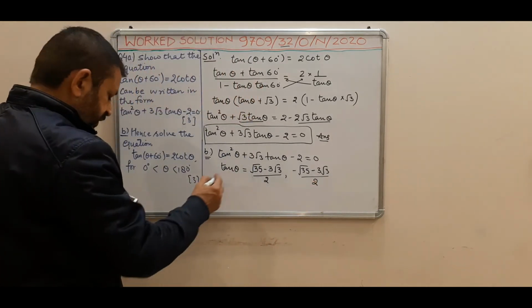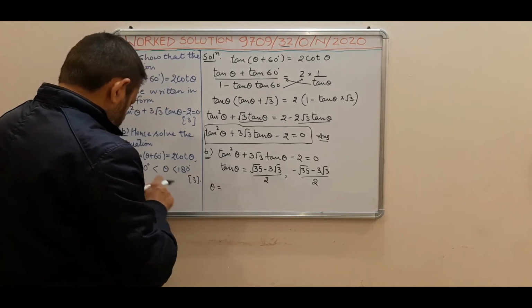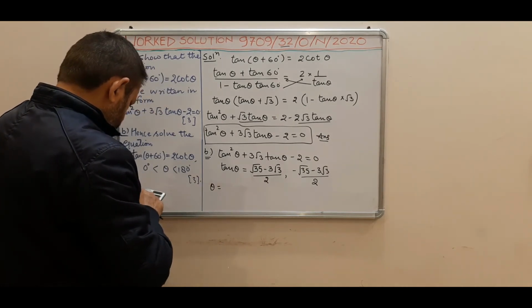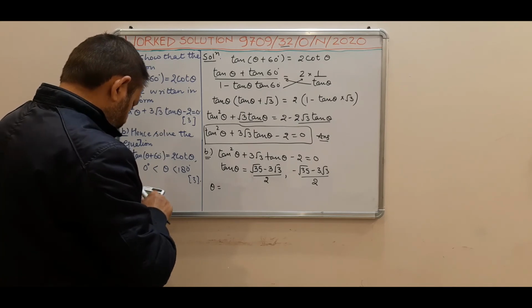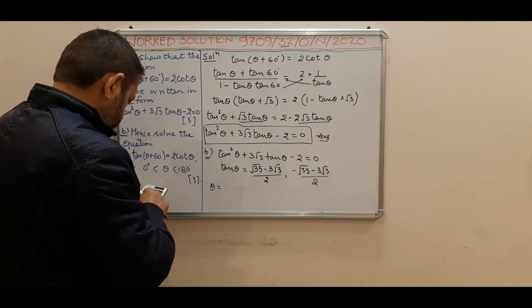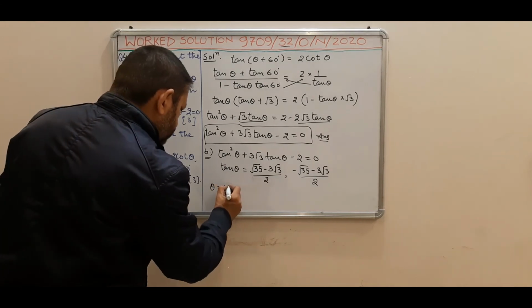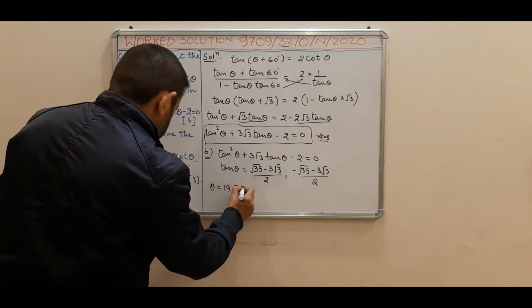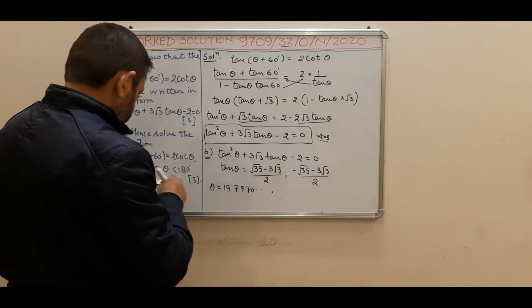So if we check in the calculator for these values, square root of 35 minus 3 into square root of 3 divided by 2 will give us 19.7970 and so on degrees.